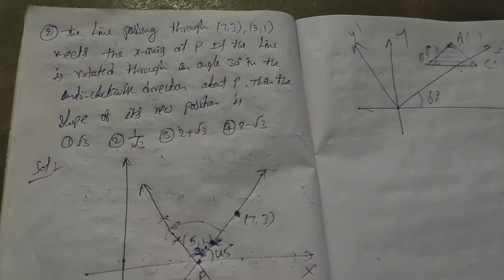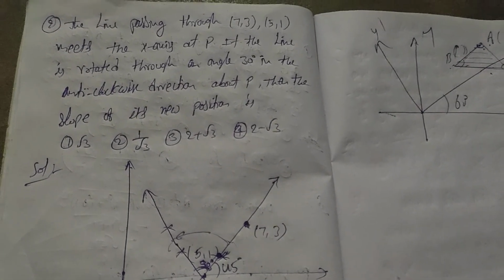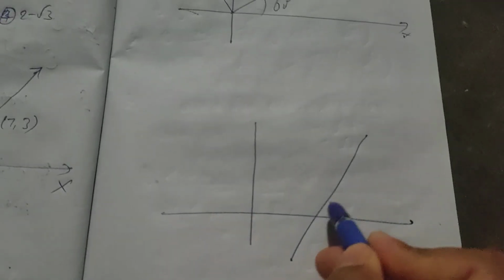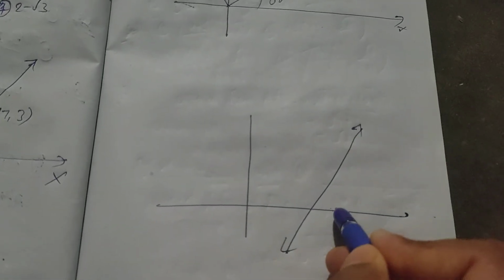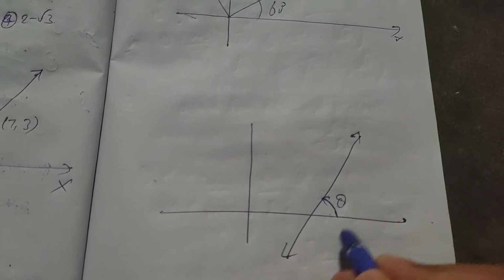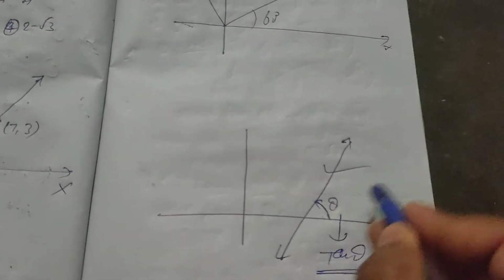Then the slope of its new position is... slope means, once again I am explaining. This is the coordinate axis, this is the line. If this line makes an angle theta in the anti-clockwise direction, then tan theta is called the slope of this line.